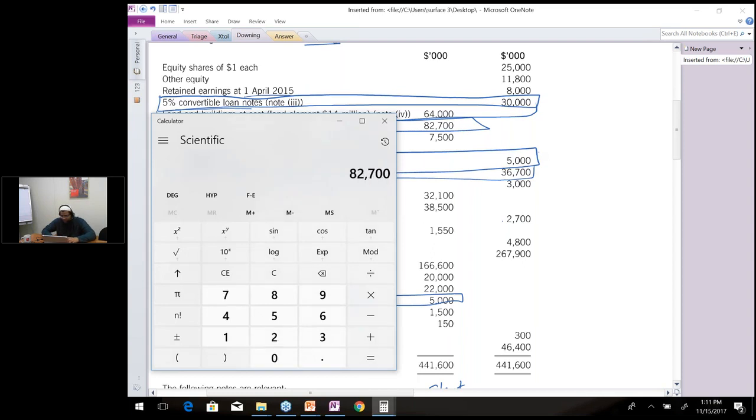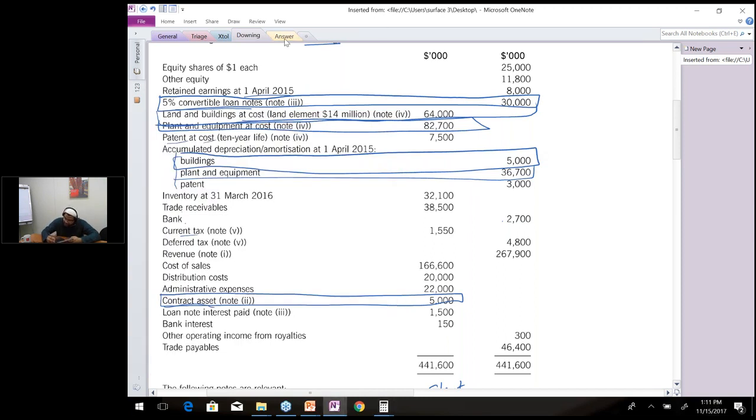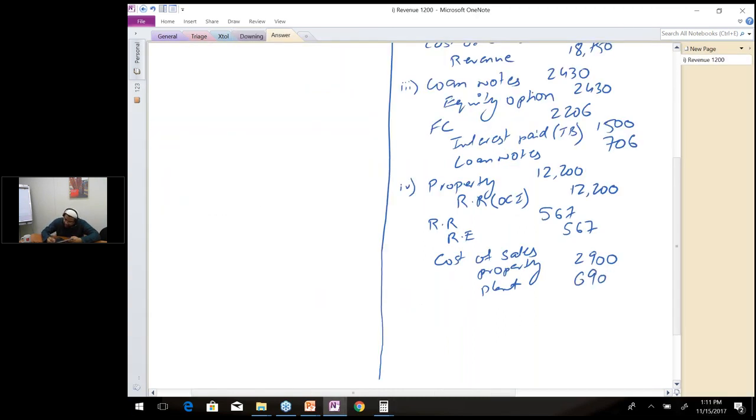So 82,700 minus 36,700 into 15% will give us the depreciation, which is 6,900. Yes, Samin, you can do it that way as well. So the depreciation for the plant is actually 6,900, which will make a total of 9,800 of the depreciation being charged to cost of sales.